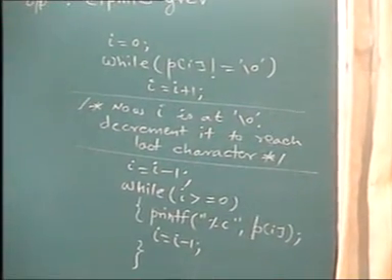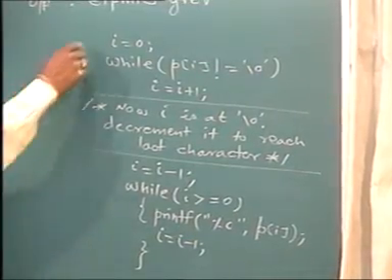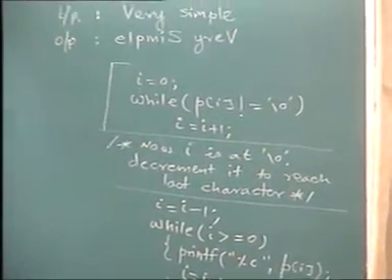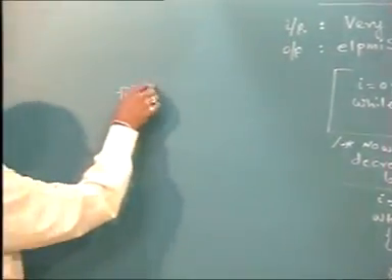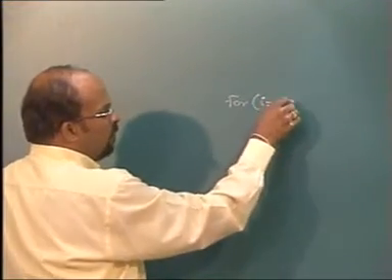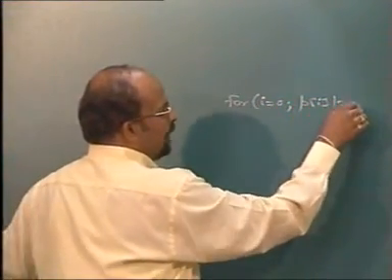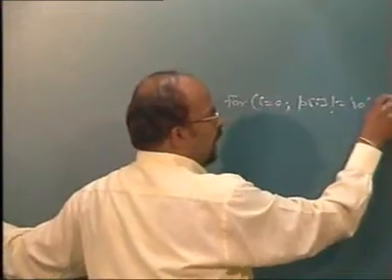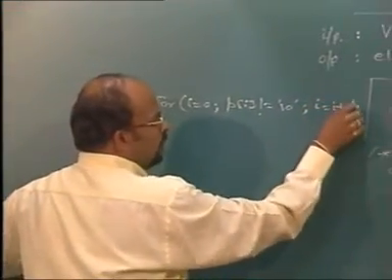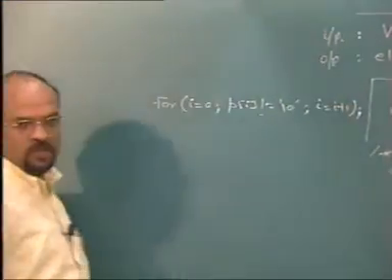Of course, just to remind you that all these things can be written very easily by something like for I equal to 0, P of I not equal to \0, I equal to I plus 1, semicolon, no body to this for loop.